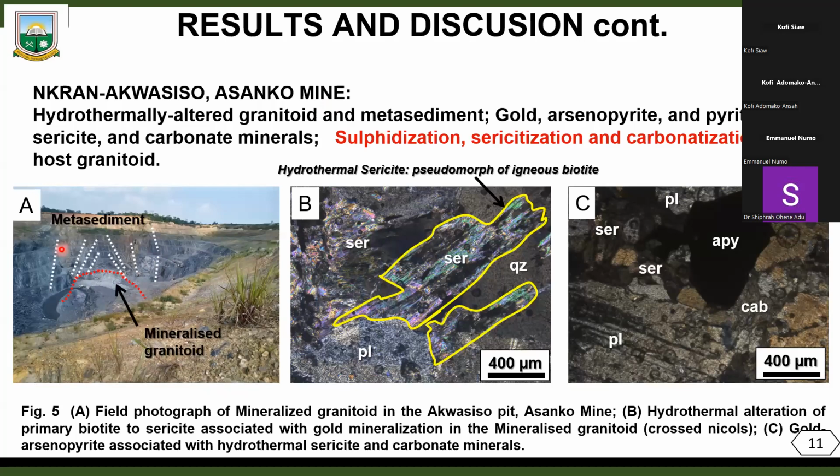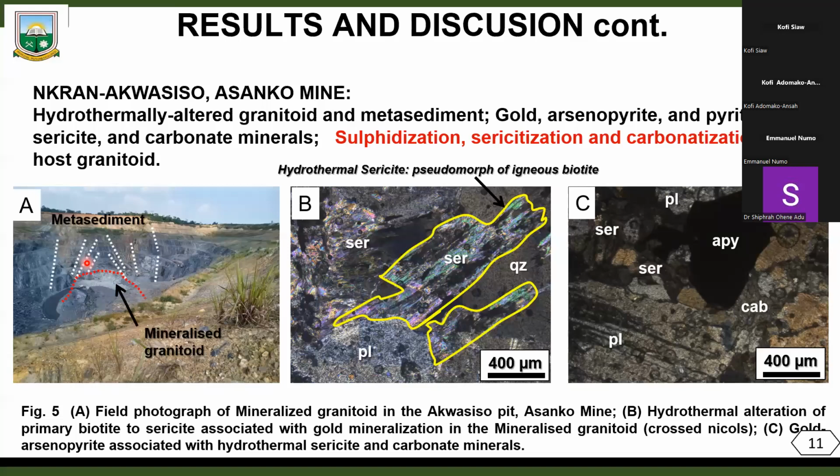Now, based on this observation, I believe that the meta sediments had been acted upon by some orogenic events that caused them to align themselves vertically, and then the intrusions coming into that meta sediment have actually created these bends within the deposit.